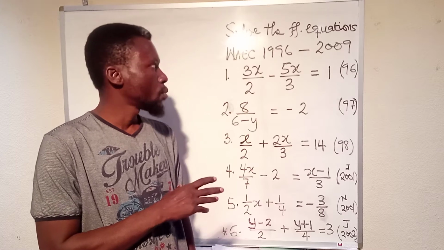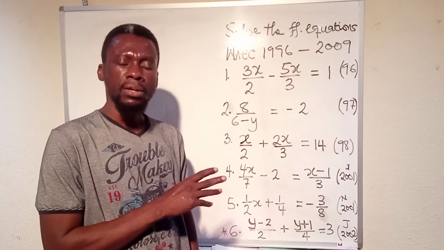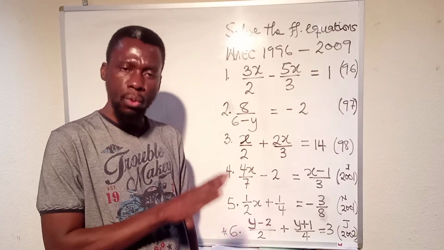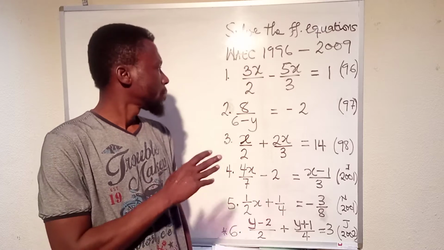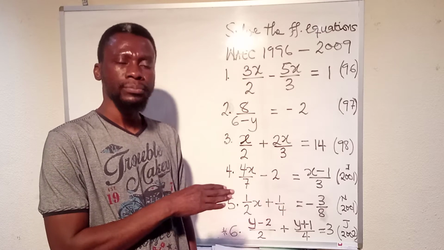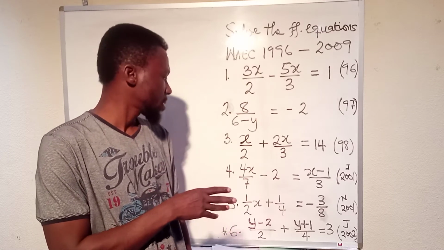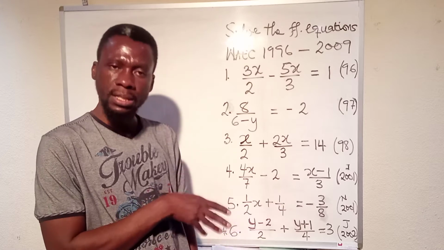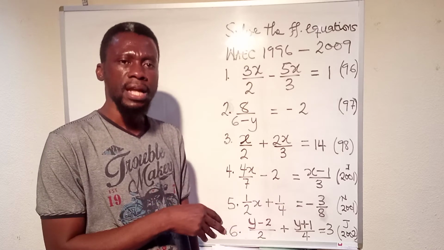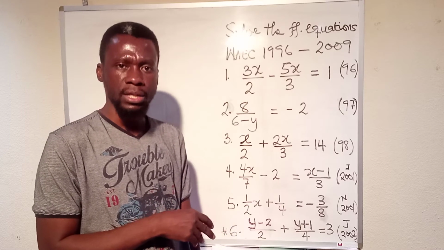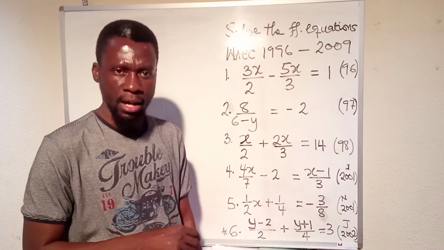So there were 11 questions on linear equations only that I got. But for the sake of time and space, I've decided to solve 6 of them, and then I will bring another set of 5 in the other video.